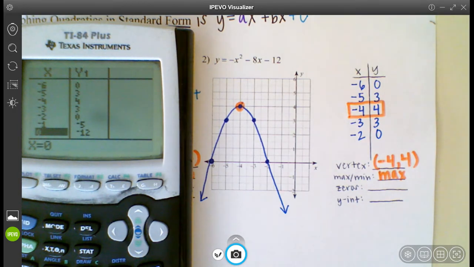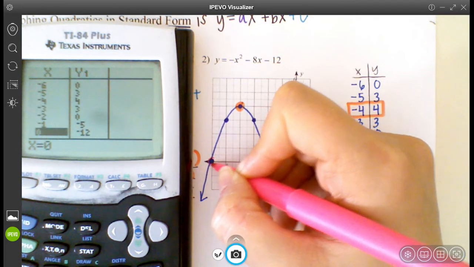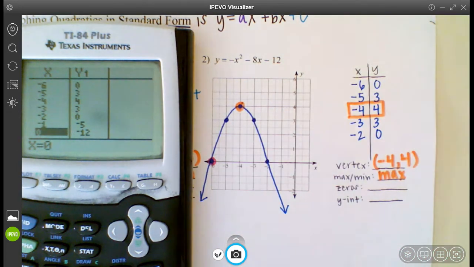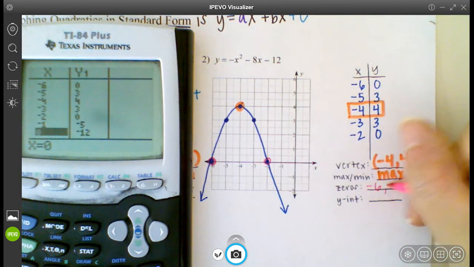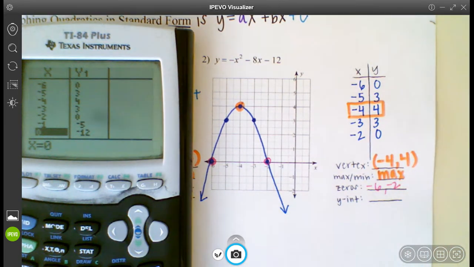Now the zeros, where do I touch the x-axis? Well, I touch this x-axis here at -6. And we also touch that x-axis at -2. So we have 2 x-intercepts or zeros or roots. And last but not least, let's talk about this y-intercept.